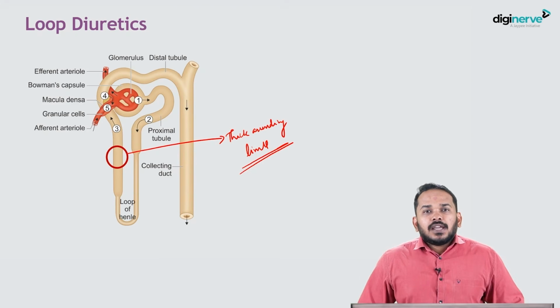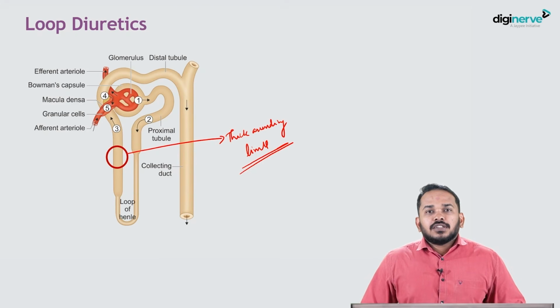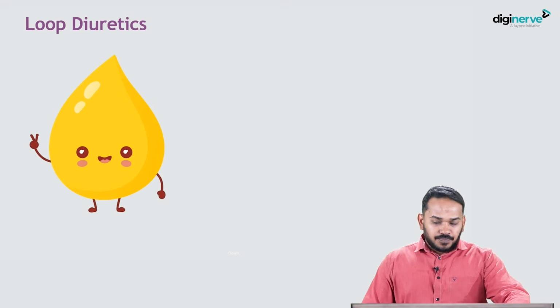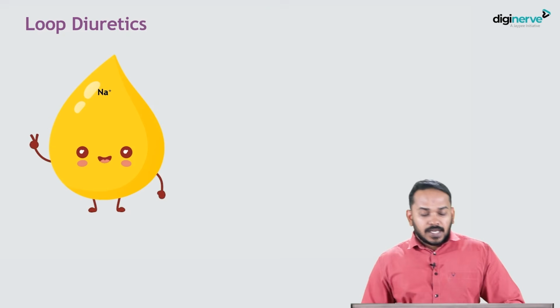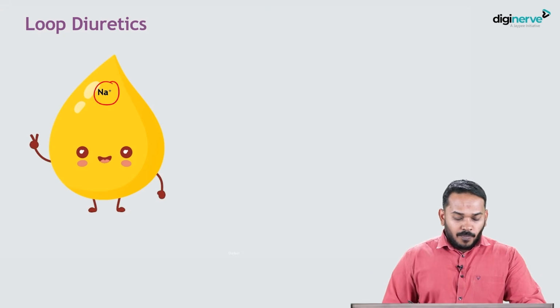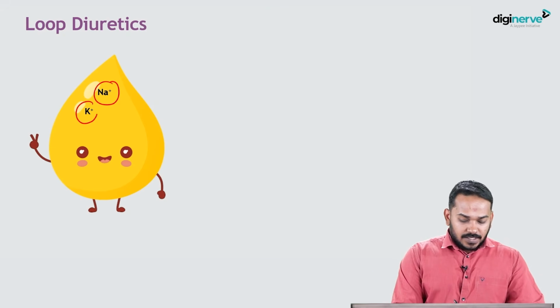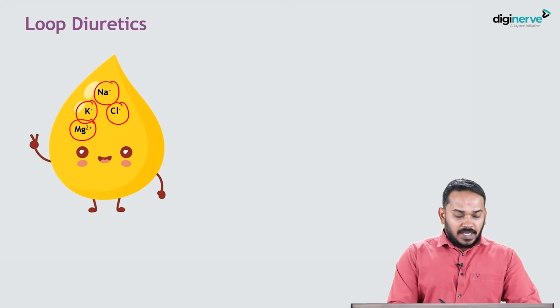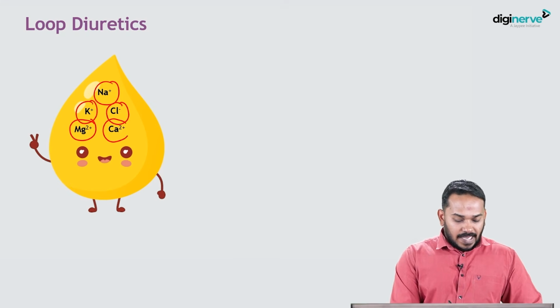So there is a transporter that is present in the thick ascending limb of the loop of Henle. It is called the sodium potassium 2 chloride symporter. And the sodium potassium 2 chloride symporter will reabsorb sodium, potassium and chloride. So by inhibiting that, it will increase the urinary excretion of sodium, potassium, chloride, magnesium and also calcium.